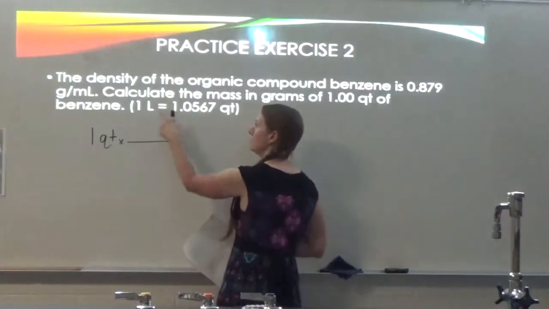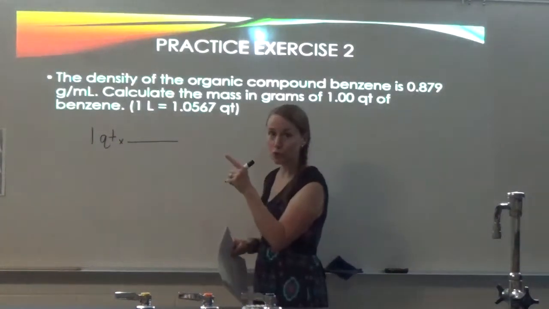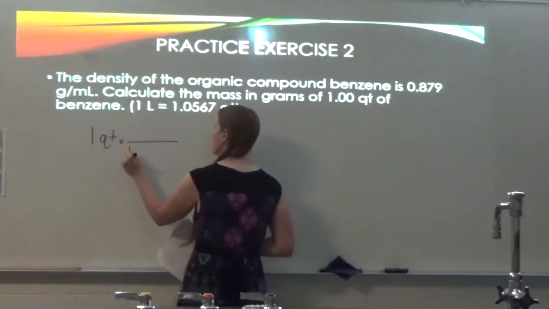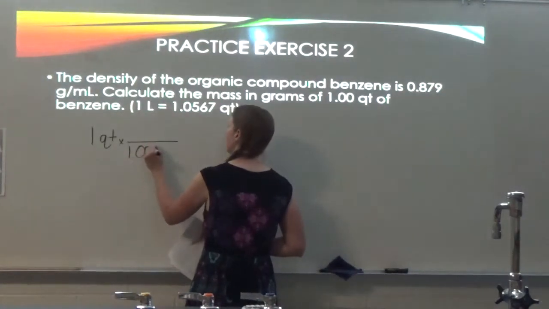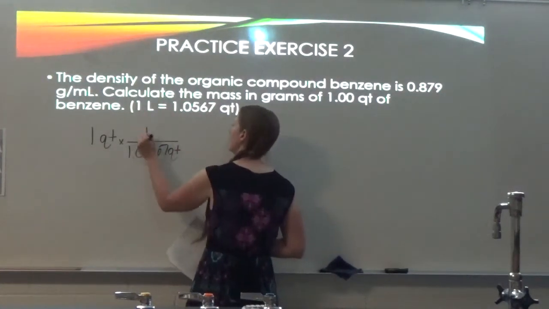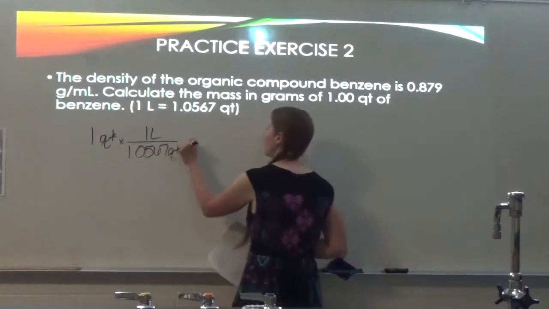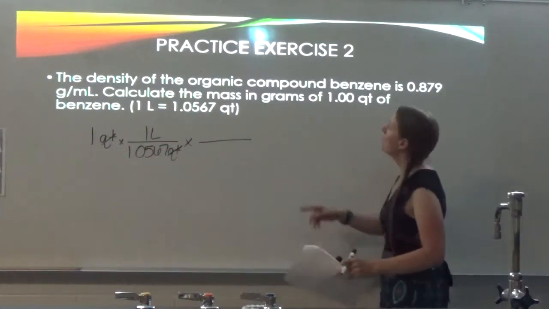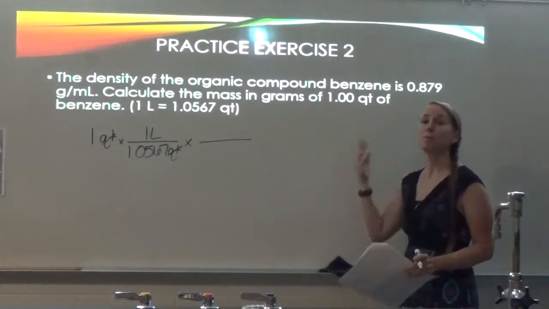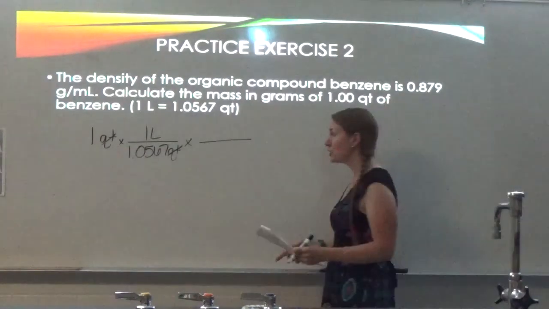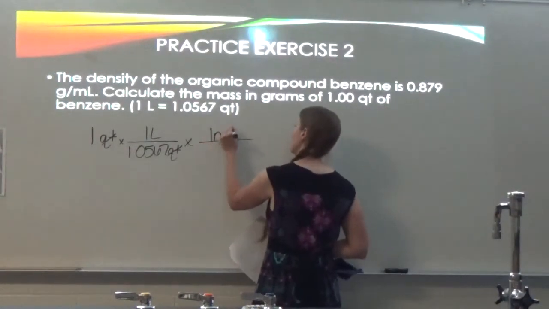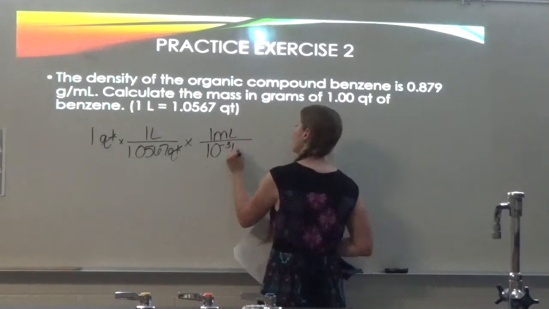So obviously the first thing I'm going to do is get away from quarts. We don't use quarts in chemistry. So let me get away from quarts and get to liters. That's something that we like to use. But they gave me the density in grams per milliliter, so it would make sense for me to change to milliliters. So 1 milliliter is 10 to the negative 3 liters.